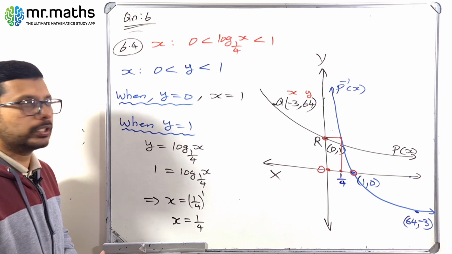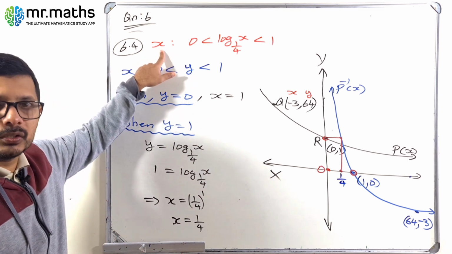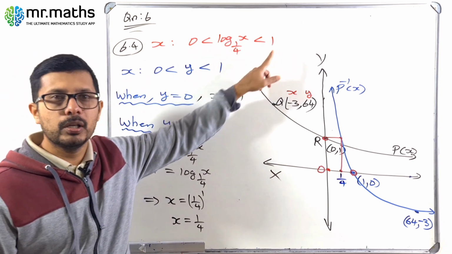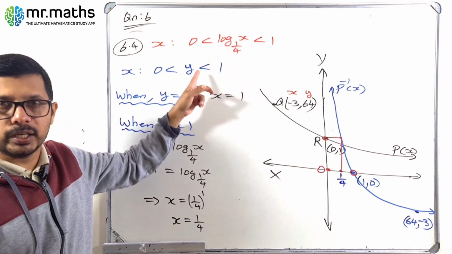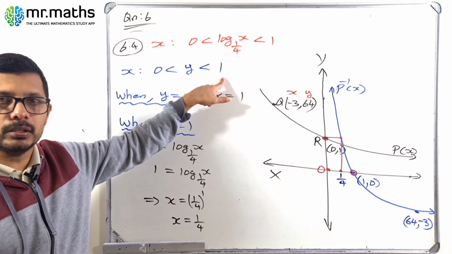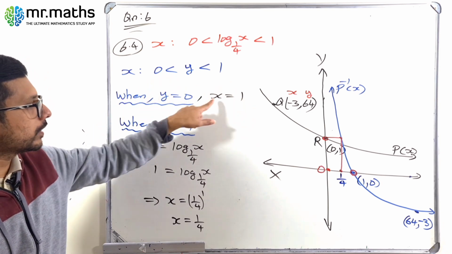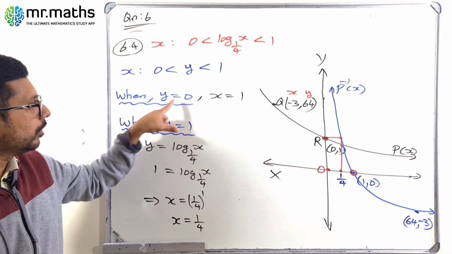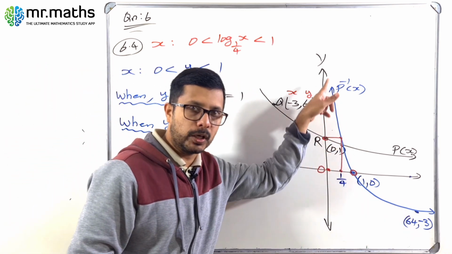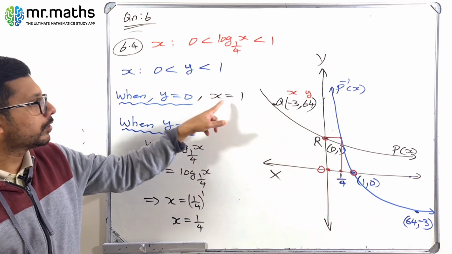Okay, so listen once more. This is our question. What are the values of x when P inverse is between 0 and 1? P inverse is the same as y, a function. So you have to find the values of x where y is between 0 and 1. So what I did is I checked the value of x when y is equal to 0. I can see on this P inverse of x graph, the blue one, when y is 0, x value is 1.